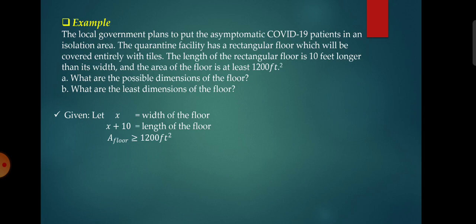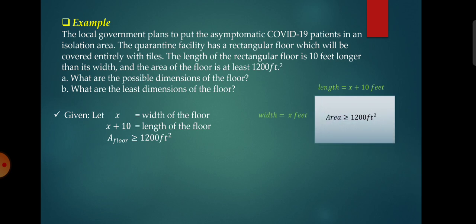So therefore, the length of the floor is x plus 10, while the width is x. While the area of the floor is greater than or equal to 1,200 square foot. Area of the floor is at least 1,200 square foot. At least means greater than or equal to.